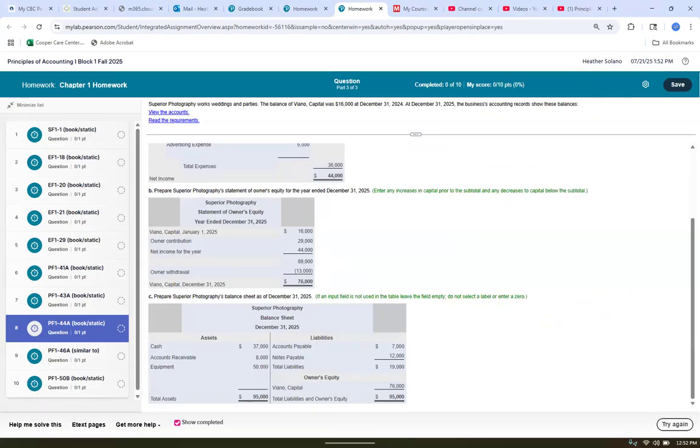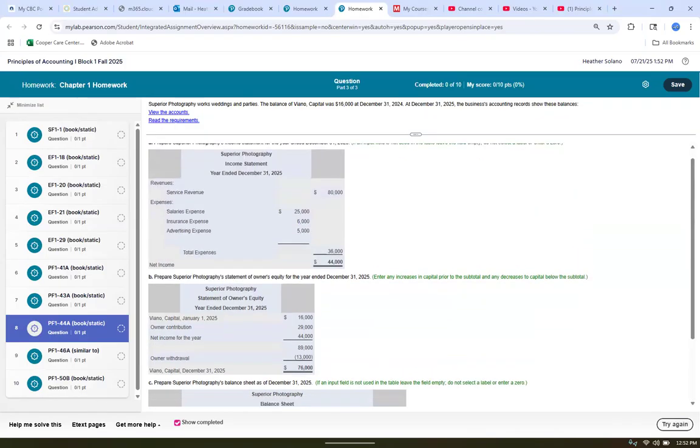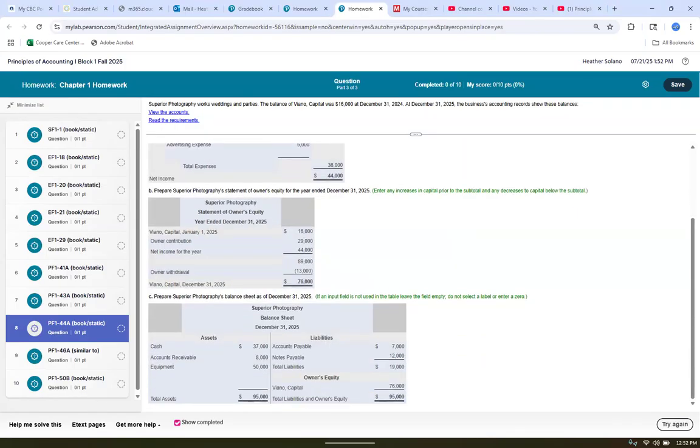Okay. So that's how you back into some of those numbers. There's lots of ways they could throw this at you, but just remember, it still goes in order of the preparation, but they left a number out, so they forced us to back into it. And we can do that. As long as we don't have too many variables, then we can do that.